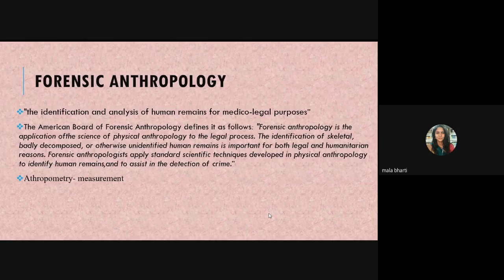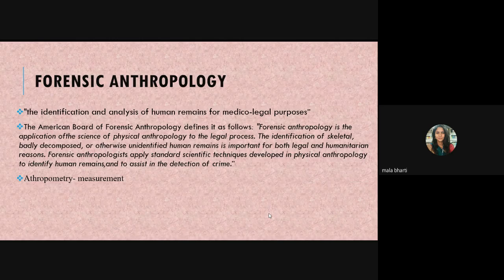I think most people are unaware of the whole branch of forensic anthropology, as it is always overshadowed by either anthropology or forensic science. Forensic anthropology is a subfield of anthropology, and it comes under biological or physical anthropology.